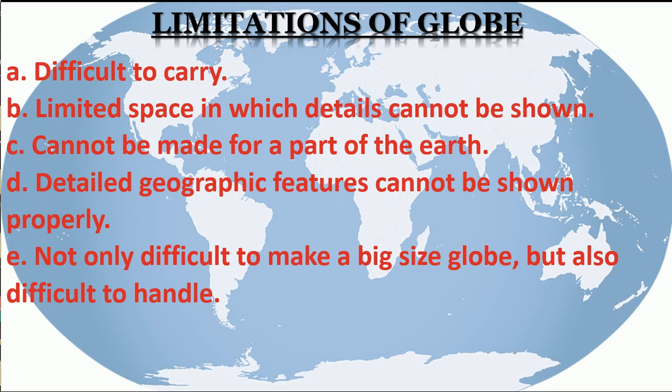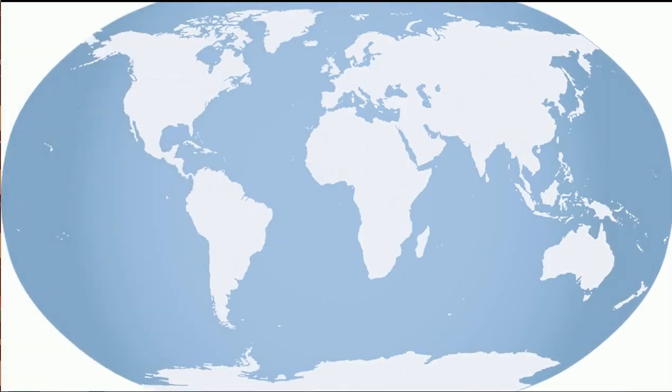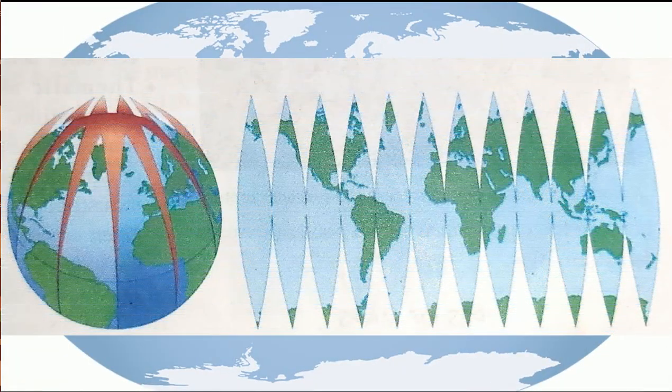Let us suppose, as you can see here, just imagine that you cut a globe and flatten its pieces. What will happen? What do you think? What are you able to see?